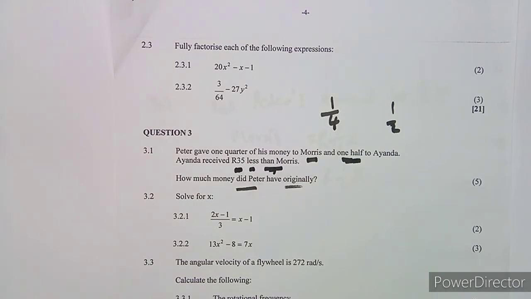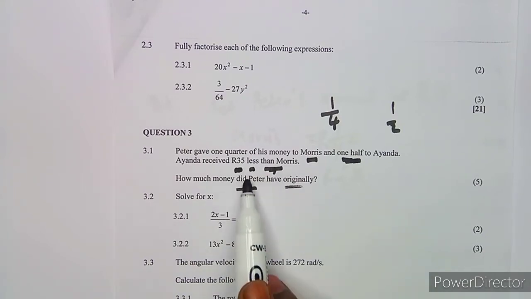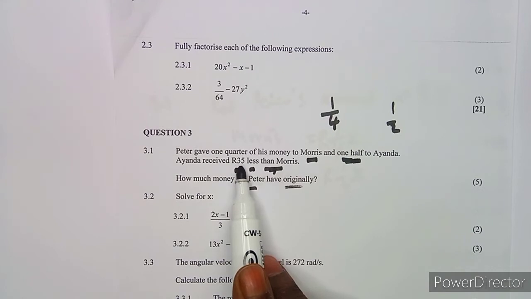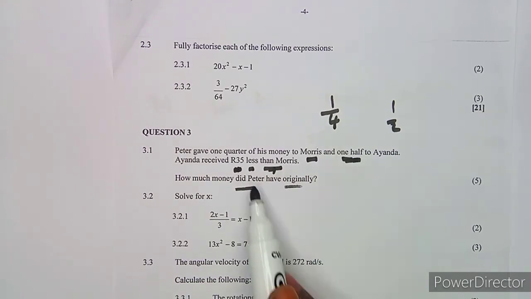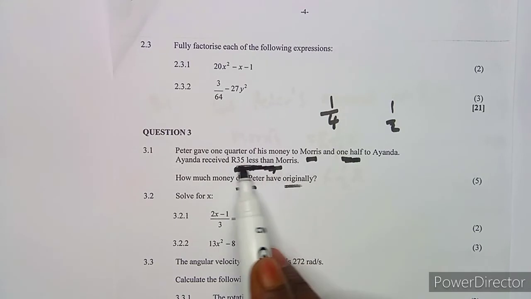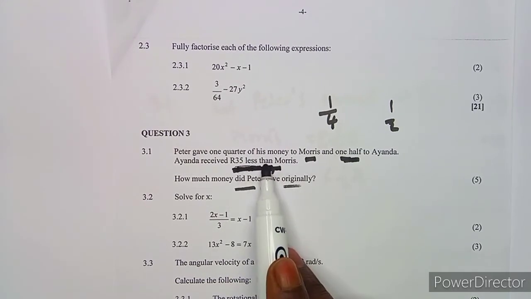If you calculate with this condition, the way it was asked, the answer is not going to work out properly. But if it is vice versa, and Ayanda received 35 more, then it would make sense, not 35 less. You're going to see with the answer you get that it doesn't make sense at all.